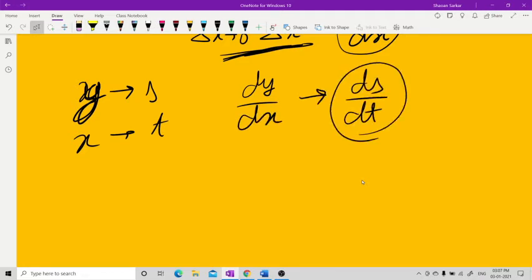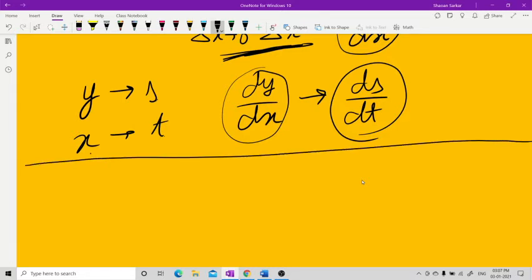This is nothing but velocity. The idea comes from here. Instead of the y and x axis, you can use the s and t axis. It is one and the same thing, just a matter of name. The y-axis can be made the s-axis, and the x-axis the t-axis. Then instead of dy by dx, you will get ds by dt. The idea is same. Now let us write down the formulas needed.